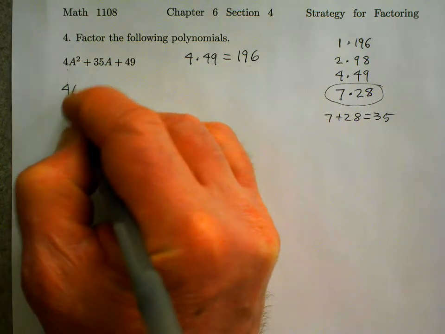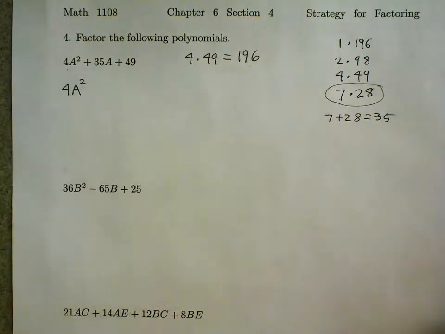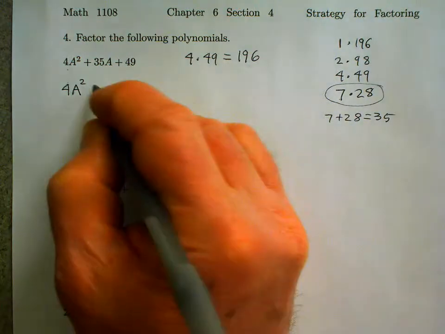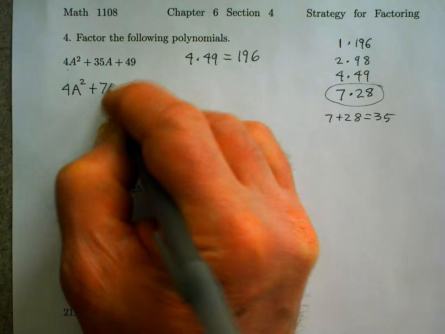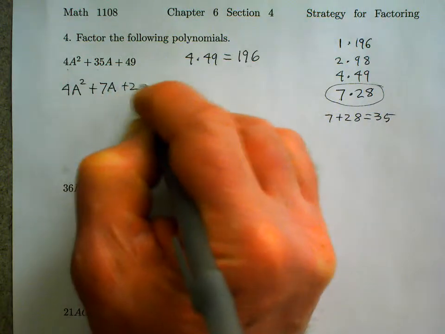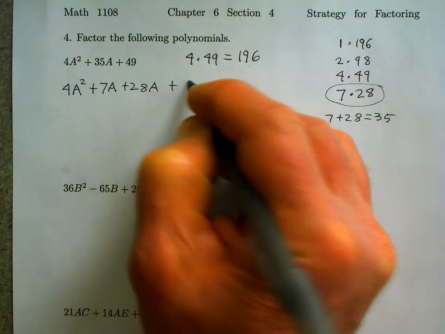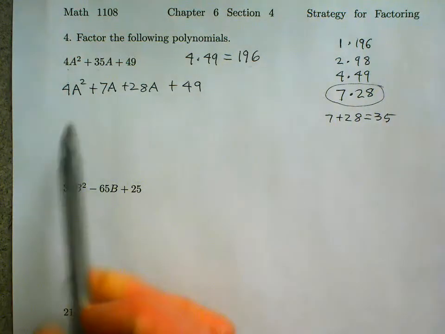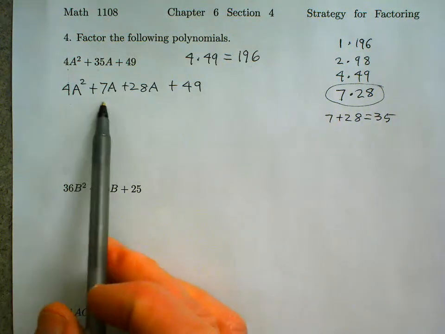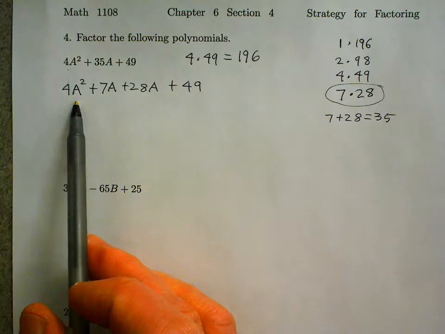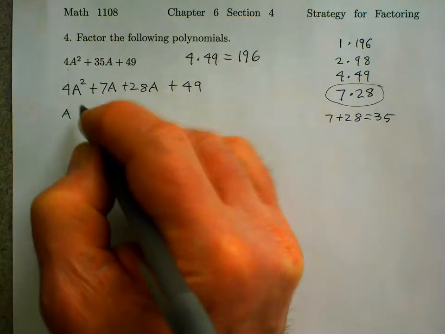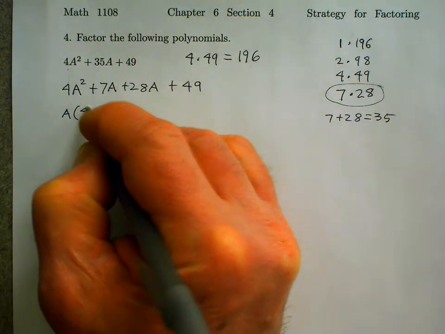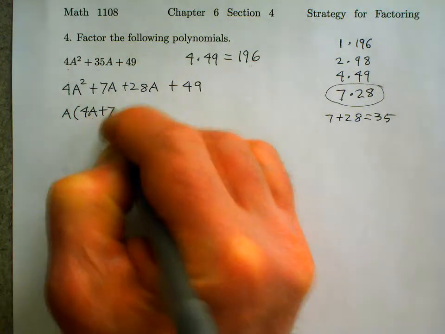So we transform the trinomial into a quadrinomial, replace plus 35a with plus 7a plus 28a, or vice versa. And then factor by grouping. The greatest common factor out of 4a squared plus 7a is a. And the binomial is 4a plus 7.